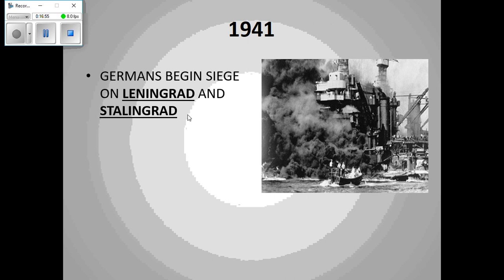Both of those cities end up under siege, surrounded by German military. And the one thing that's going to be the downfall for the German military is having to be out in the elements during the Russian winter. They can't do it, and that's going to end up being the downfall of the Germans later on. But for a while, they're able to hold it together and surround these two cities.